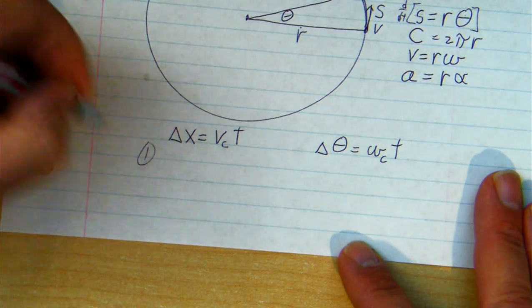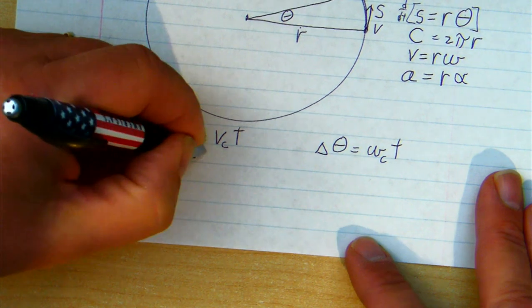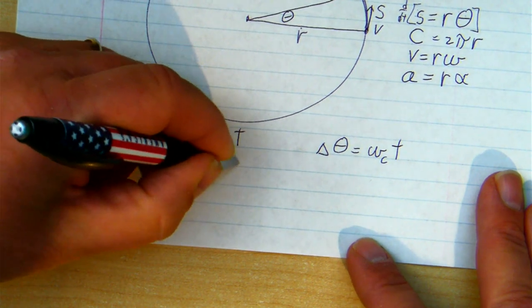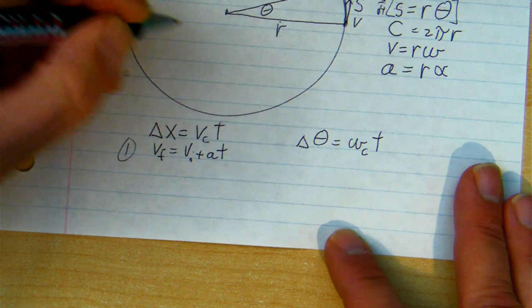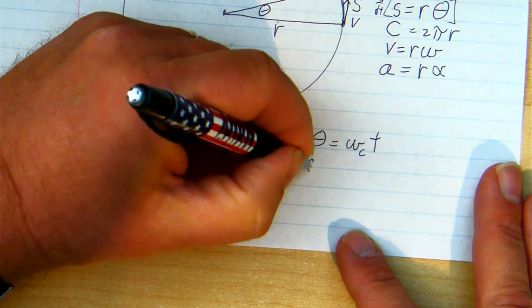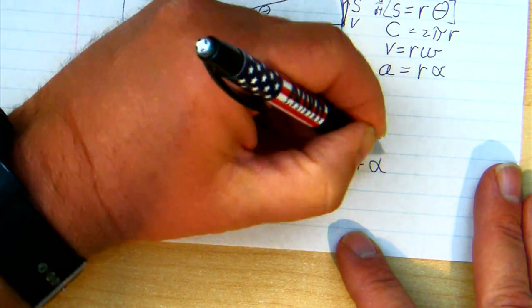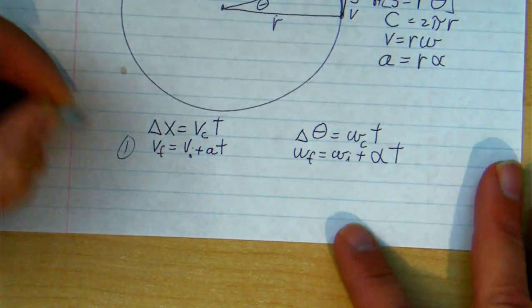The first kinematic equation of motion, you might remember that one was final velocity equals initial velocity plus acceleration times time. Well, the angular corresponding equation would be final angular velocity is equal to initial angular velocity plus angular acceleration times time.